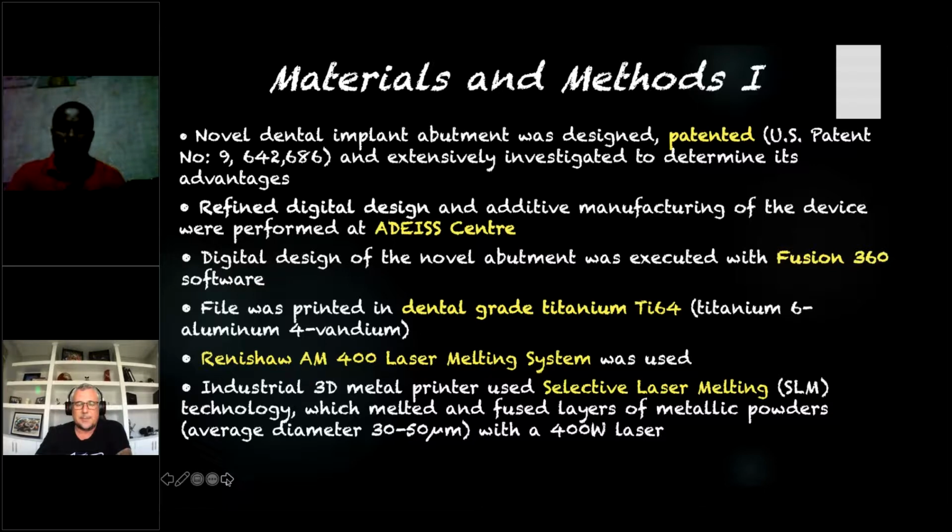There'll be a picture of that coming up. The approach that we used was SLM, otherwise known as selective laser melting. So we took a device that we played with and fabricated conventionally, digitized it, refined it, and then printed it. That would be the workflow of Methods and Materials 1.